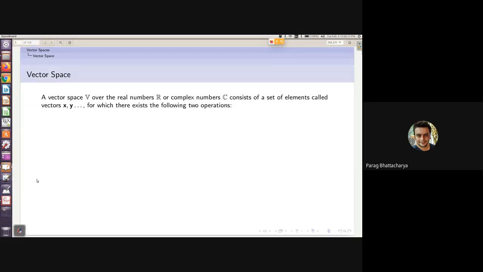So a vector space V, what is it? It is a set of elements. And what are these elements called? These elements are called vectors, just like I showed you. So this is a set.